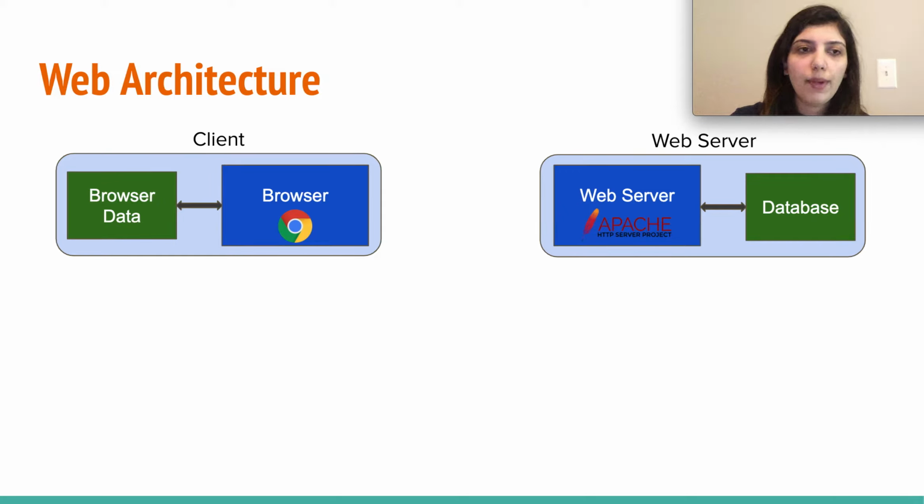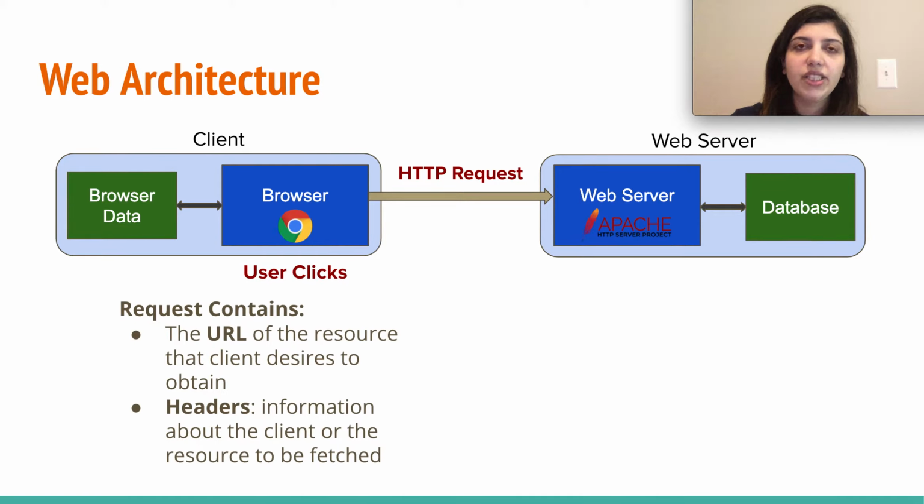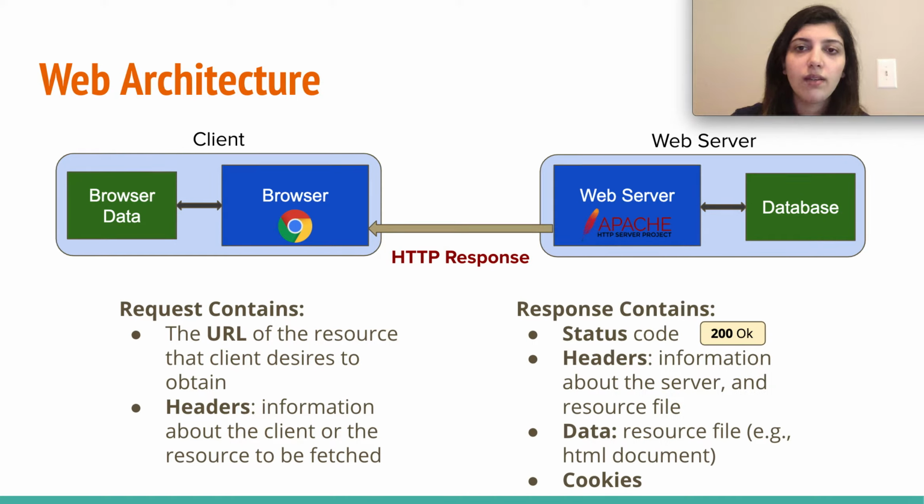So what will happen is that a user who might be viewing a web page clicks on the web page link. As a result, an HTTP request will be issued that contains the URL of the resource that the client desires to obtain, along with some headers that are information about the client or the resource to be fetched. The web server receives this request and acquires the requested page from its database.